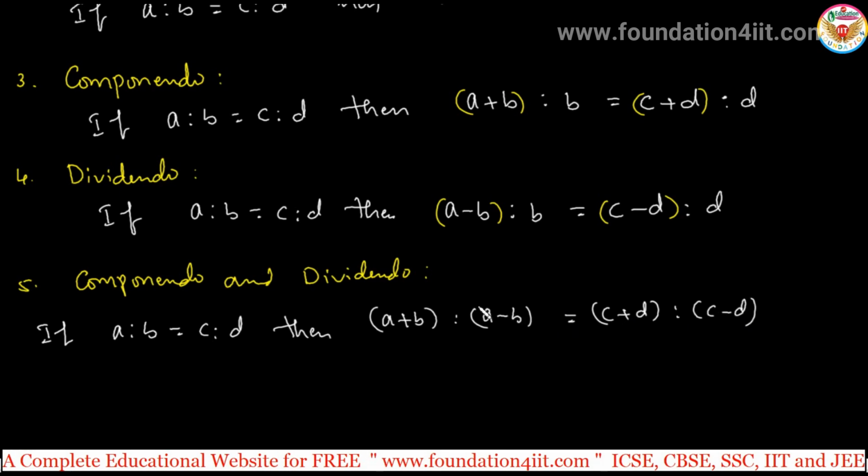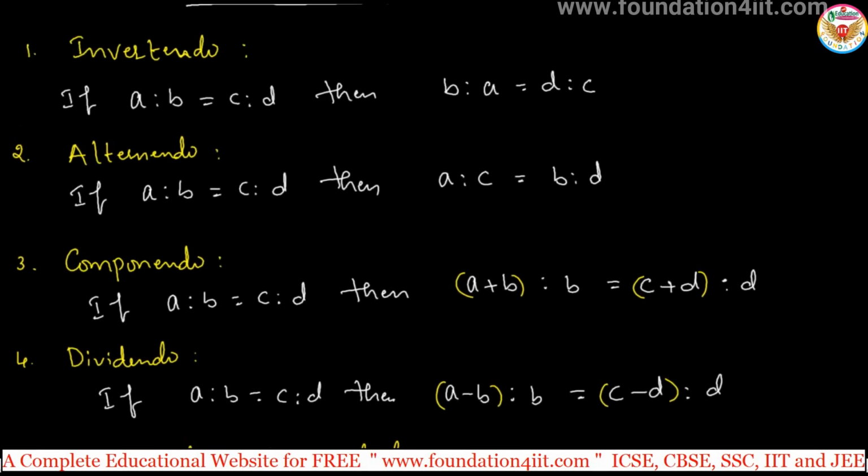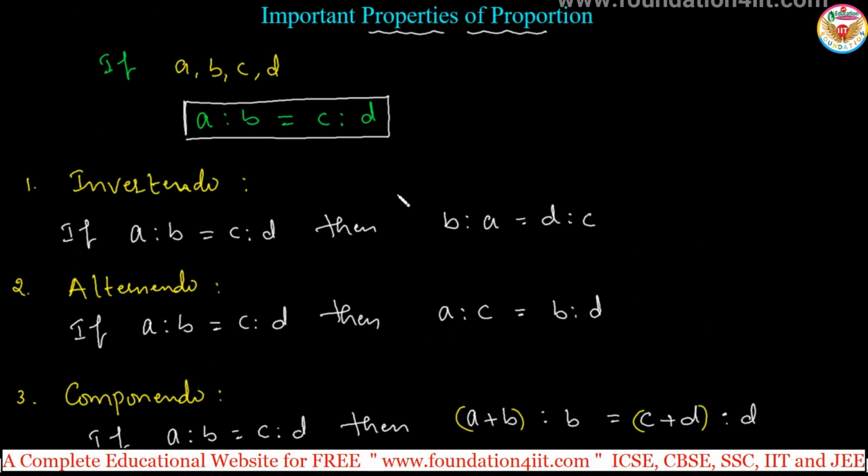You can take one example and check, it will be the same. So a is to b is equal to c is to d, then addition in the numerator, subtraction in the denominator: a plus b by a minus b is equal to c plus d by c minus d. Okay, these are the 5 rules we will apply in these applications. Just remember only these 5 rules. How to apply these 5 rules in numerical or direct application problems I will show now.